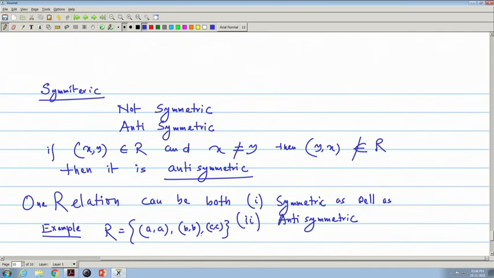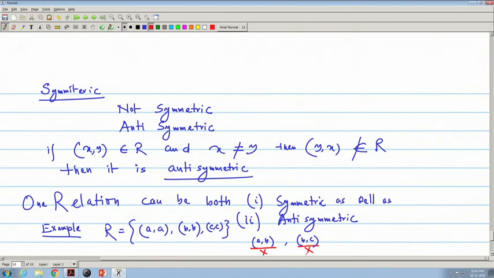Obviously, this is symmetric because (x, x) belongs to R. And since there is no pair with x not equal to y, that means pairs like (A, B) or (B, C) are not in this relation.